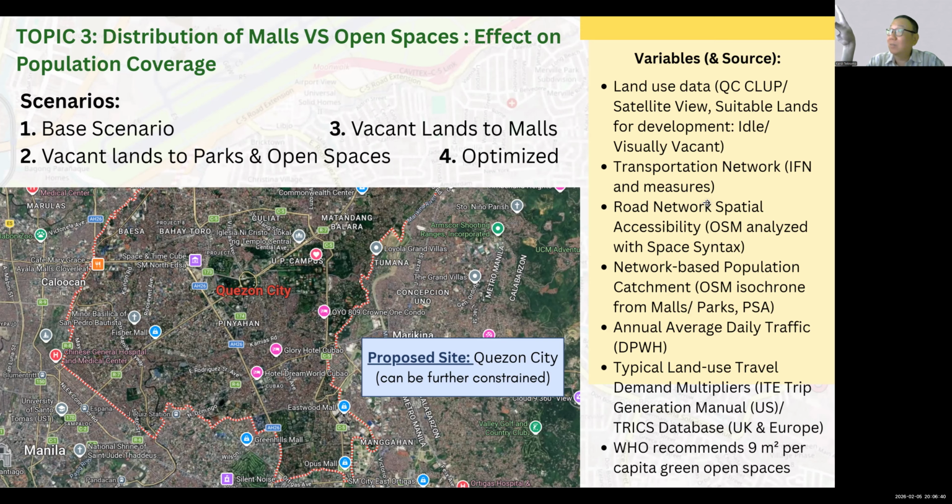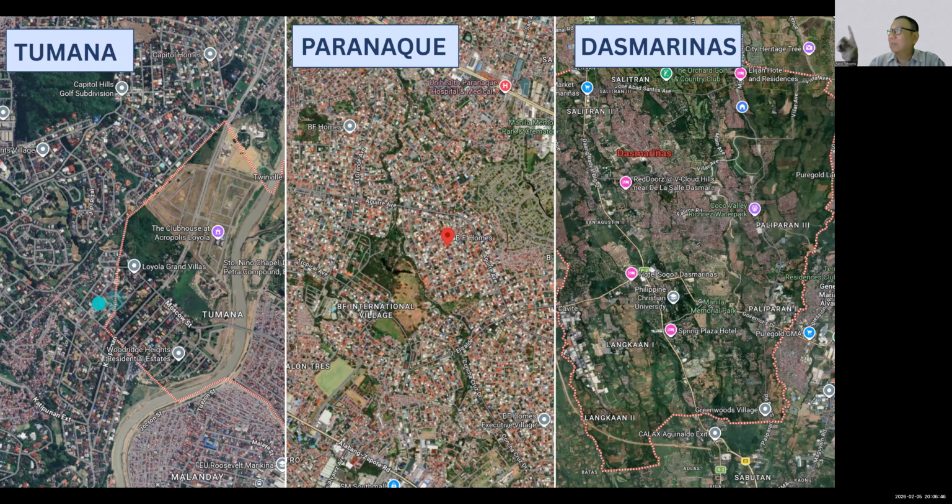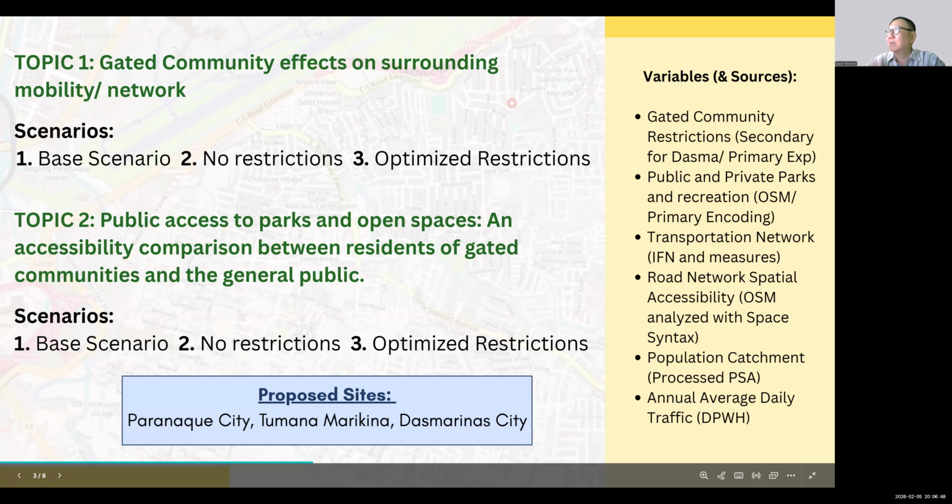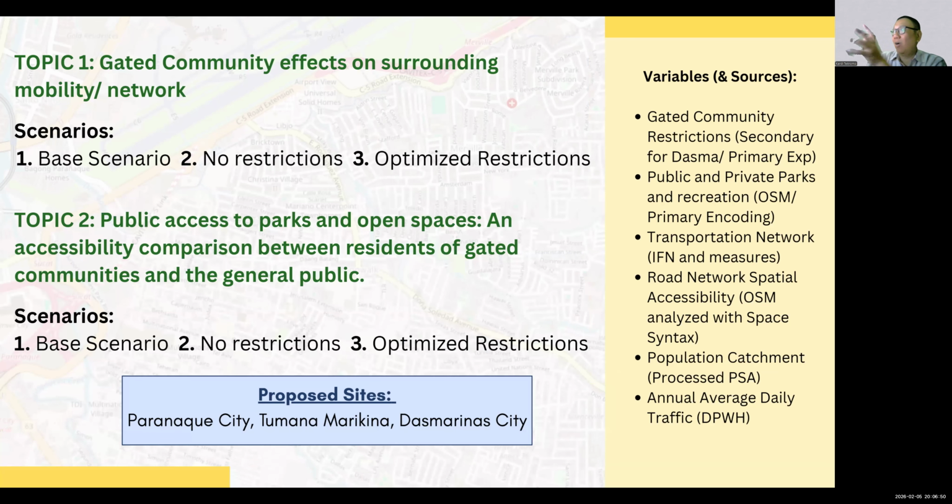For example, the first topic, the gated community, or the second topic. So this is obvious that the optimized restriction is probably the best, right? But how to make the gated community willing to get this optimized solution?